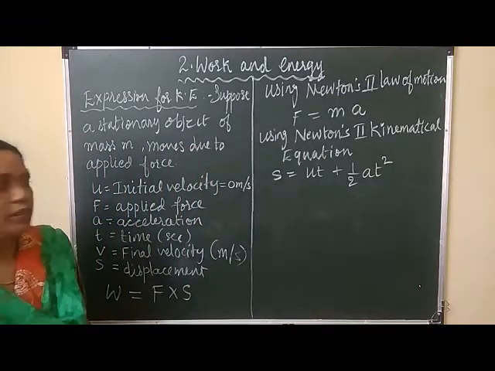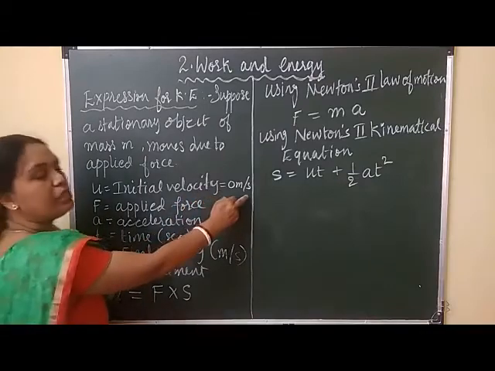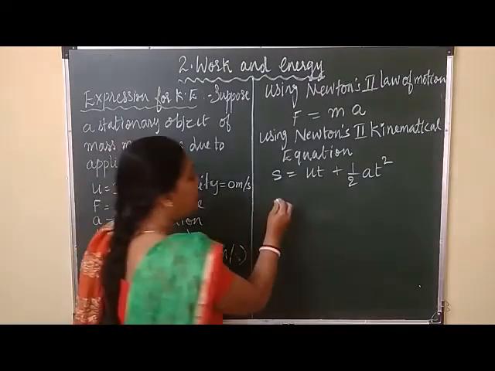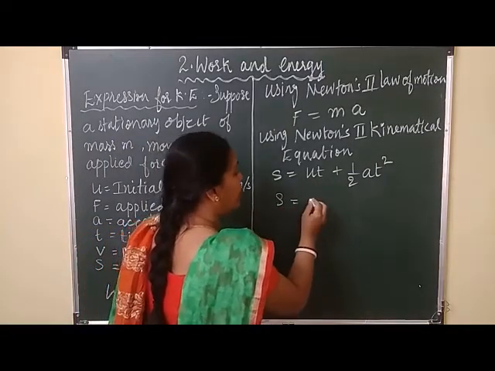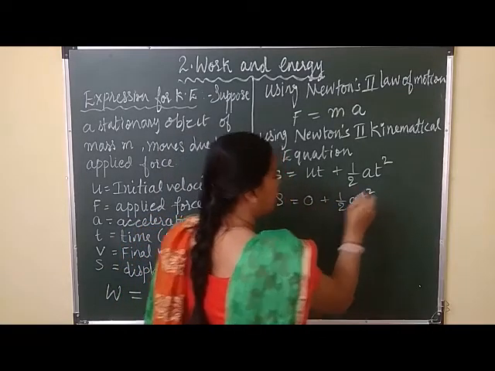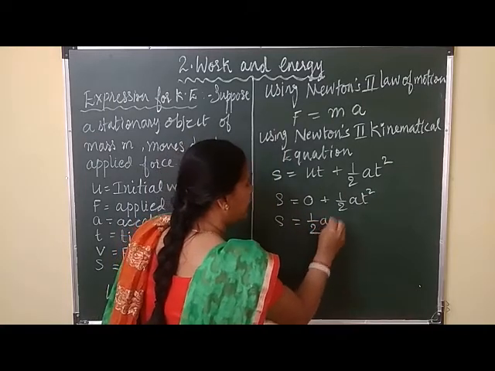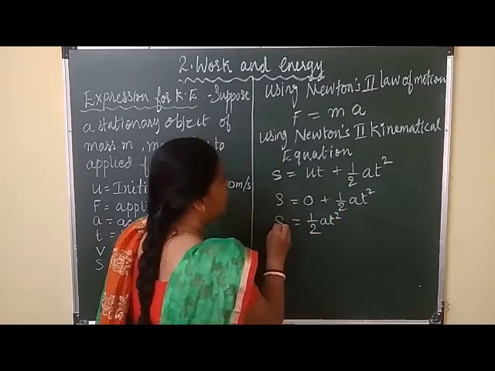This is the formula. Now u, we know that u is equal to 0 meter per second. So if I substitute, I will get 0 plus half at square. That means s is equal to half at square.